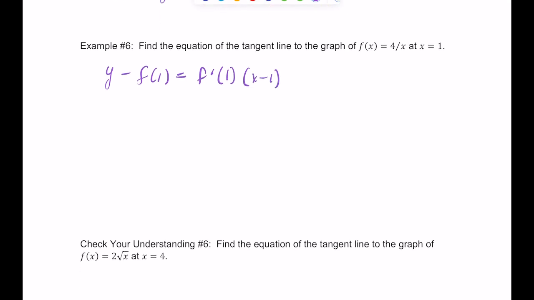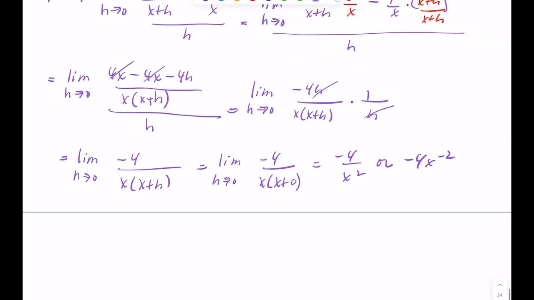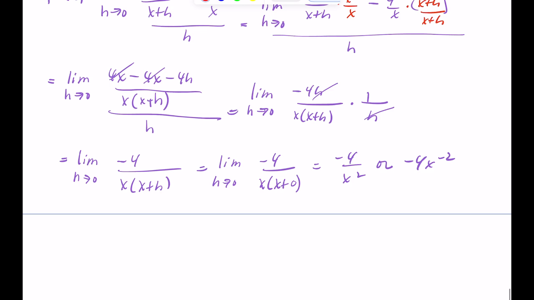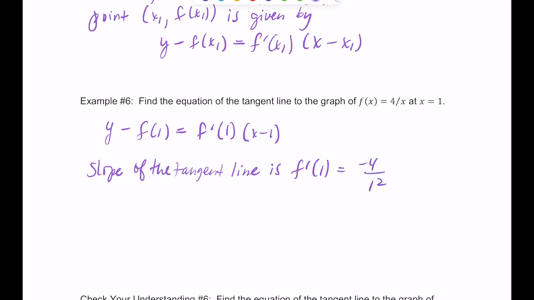Now, if you'll recall from the last example, we found f prime, right? So our f prime from this example was negative 4 over x squared. So, in other words, the slope of the tangent line is f prime of 1, which was just negative 4 over x squared. So it's really just negative 4 over 1 squared, which is negative 4.